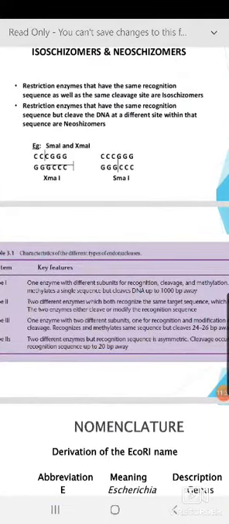Type 1 is a single enzyme with three different subunits. The first subunit is the recognition subunit, the second is the cleavage subunit, and the third is methylation specific. They are designated as HsdS, HsdR, HsdM.